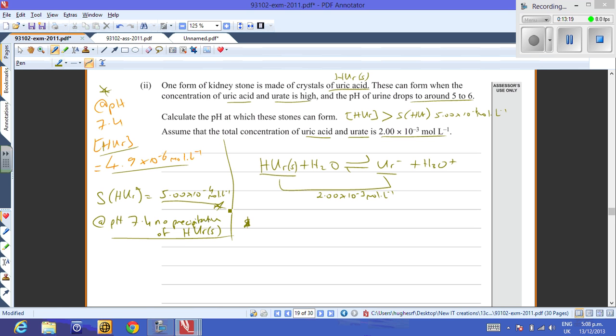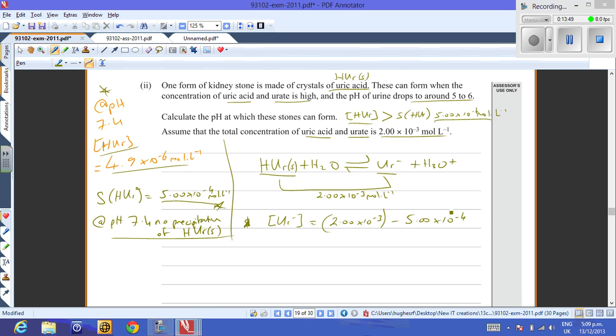So for precipitation to occur, we want the concentration of uric acid to be greater than 5 by 10 to the minus 4 moles per liter. The total concentration of the two species in question here is 2 by 10 to the minus 3 moles per liter. So therefore, the concentration of urate alone is equal to 2.00 by 10 to the minus 3 minus 5.00 by 10 to the minus 4, because that's the maximum concentration of acid we need.